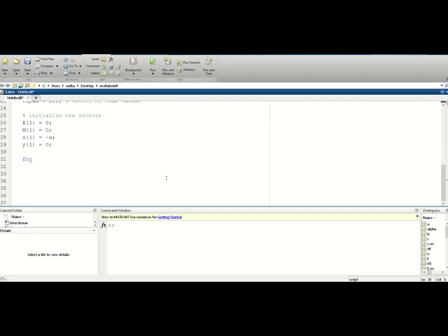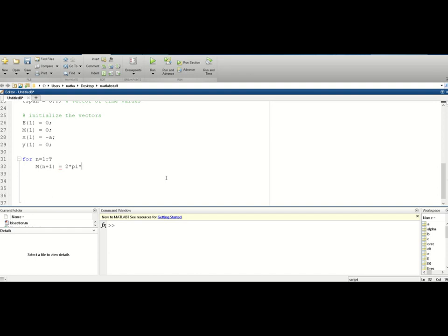Now we're going to start putting this in. For n goes from 1 up to that time period, from the first year to the last year. And we've got the 0th year available to us, right? So the next M value, M of n plus 1, which will be 2 when we drop into this loop, is going to be 2 times pi.